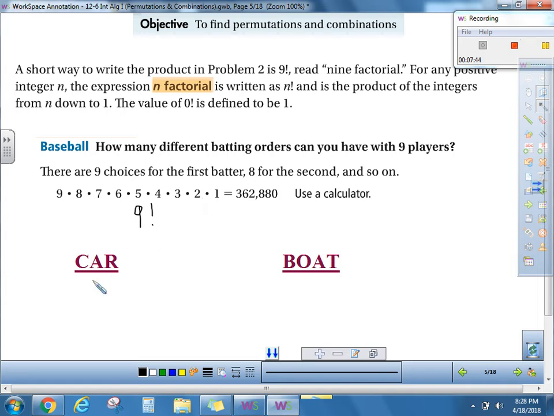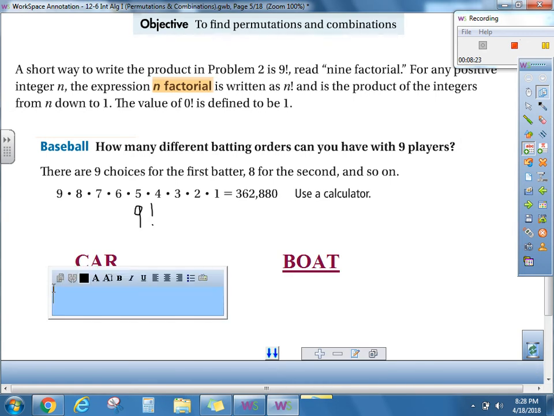Okay, so if we are looking at how many different ways we can rearrange, let's say, the letters in the word car, C-A-R, we could write this out. Actually, I'm going to type this.